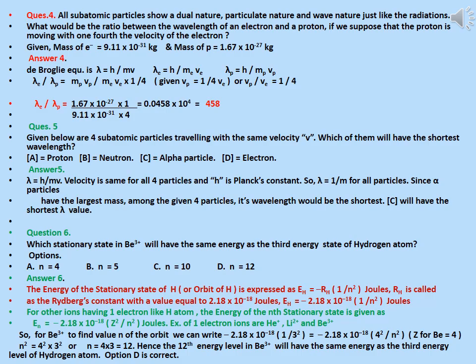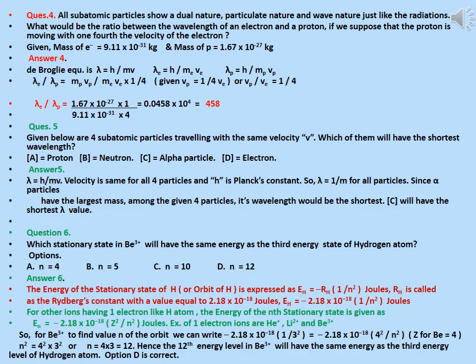RH is called the Rydberg's constant, and its value is 2.18 into 10 power minus 18 joules. Therefore, EH, the energy of an orbit in the hydrogen atom, is minus 2.18 into 10 power minus 18 into 1 by n square joules. What is n? The number of the orbit or the stationary state.